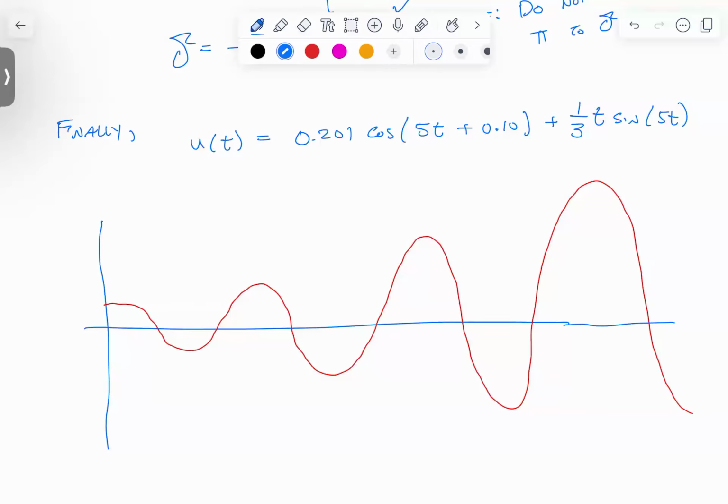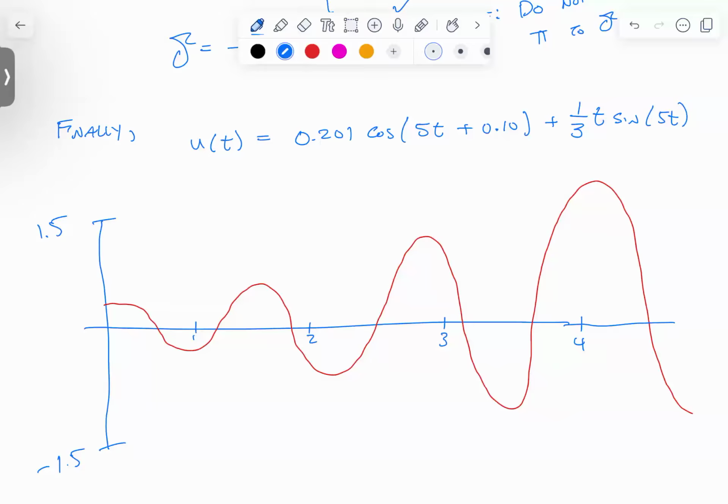That's what resonance is, and that's why these are really beautiful looking graphs. By definition, resonance over time increases in amplitude.